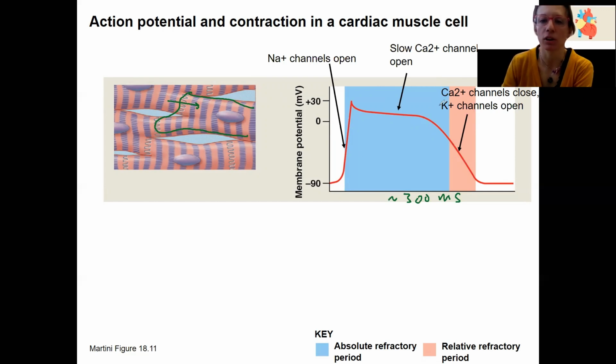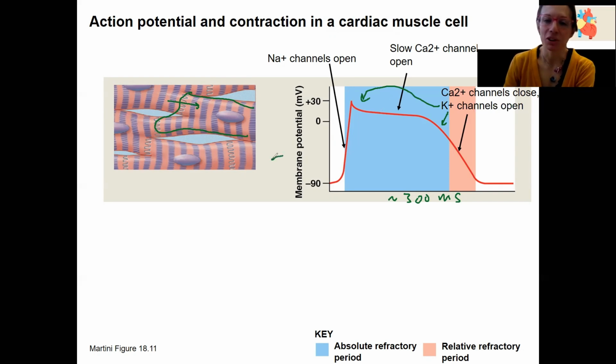Potassium channels are starting to open here, more open as we go. So again, these are the non-pacemaker cells. And let's now look down at, so they're contractile cells, right?